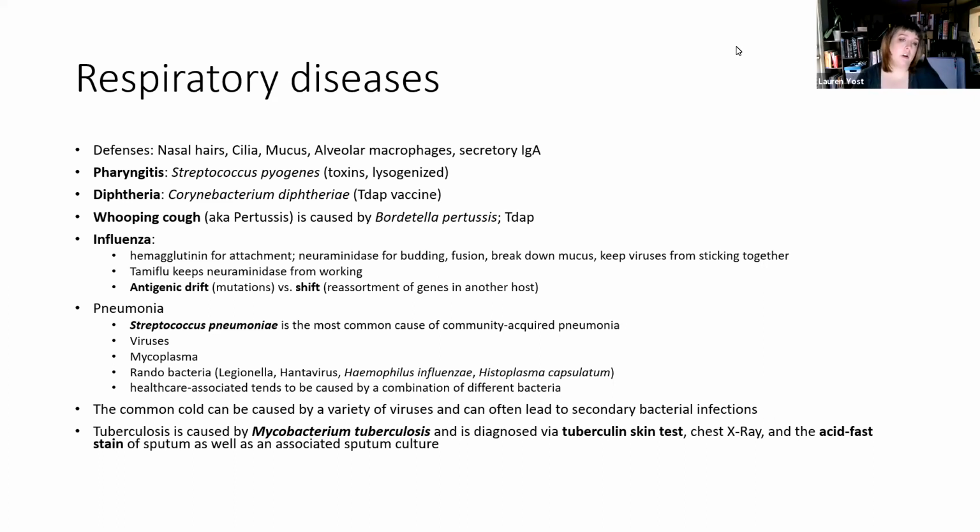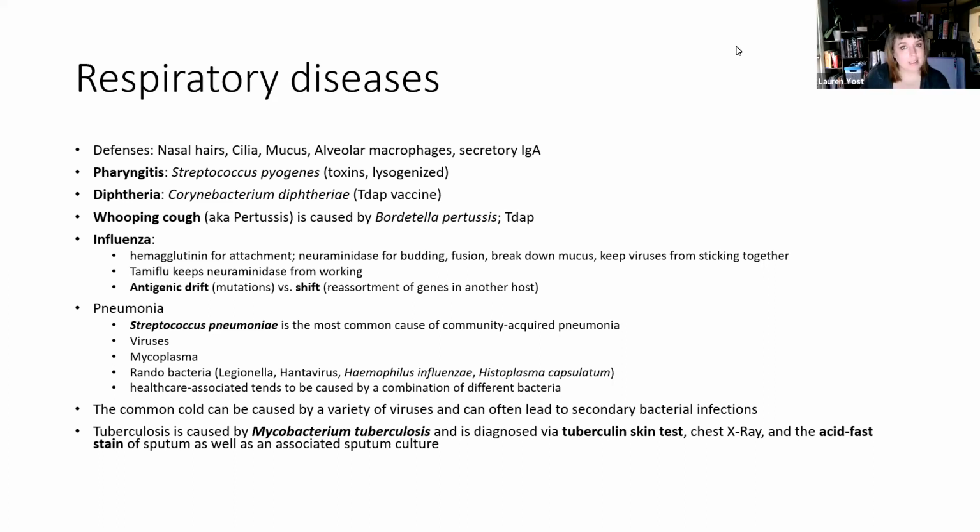Remember we talked about Streptococcus pyogenes and how it has erythrogenic toxin. There are other toxins it has too, like streptolysin. Basically those toxins make it more virulent and more able to cause pathogenesis or disease in the host. And it is lysogenized in some cases, meaning that a bacteriophage infected it, incorporated its DNA into the bacterial DNA, and then they became one.